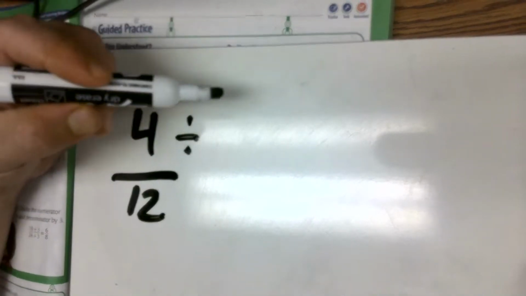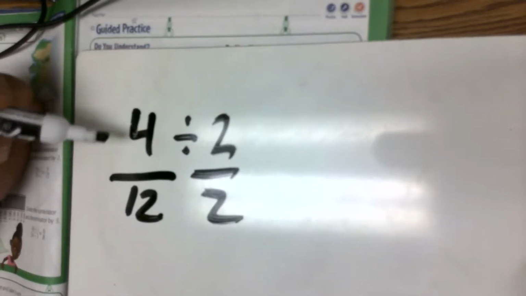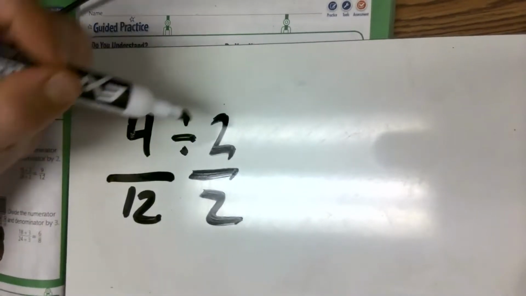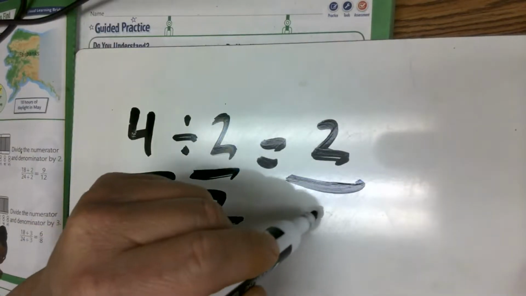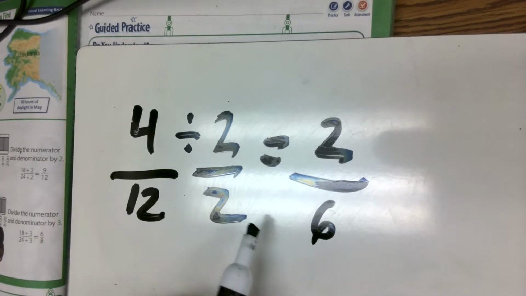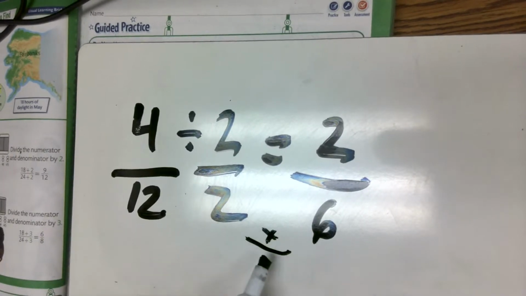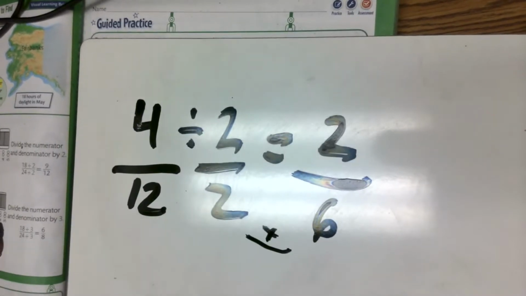Four twelfths. What else could I use? How about 2? Divide both sides by 2. 4 divided by 2 is 2. 12 divided by 2 is 6. 2/6. 2 times 6 is 12, and 2 times 2 is 4. That also is an example.